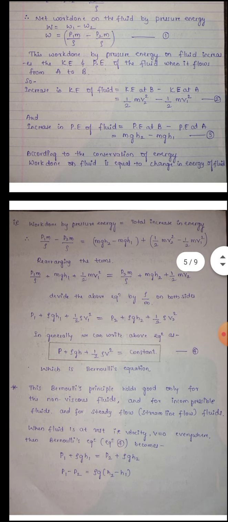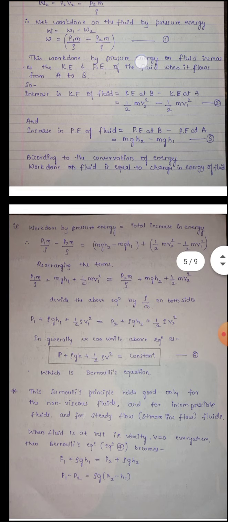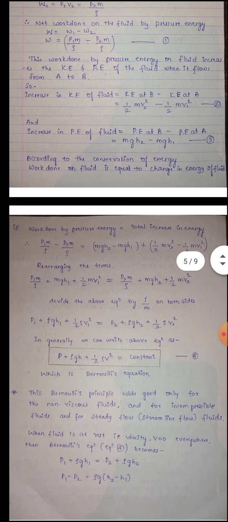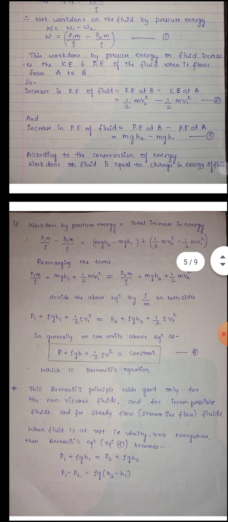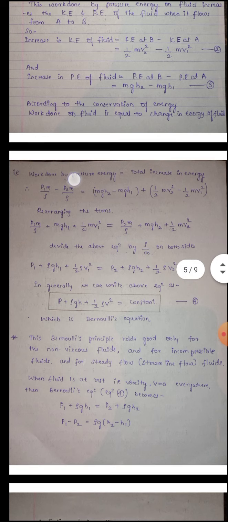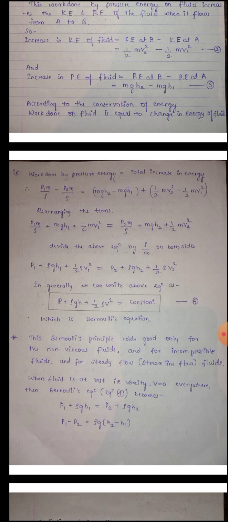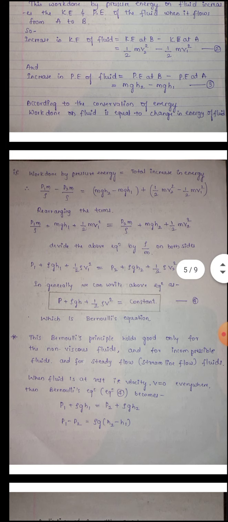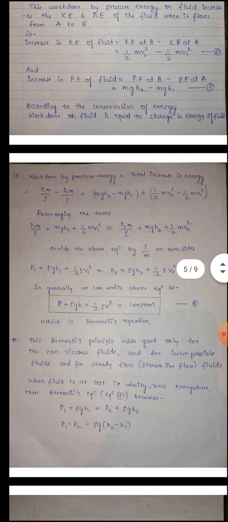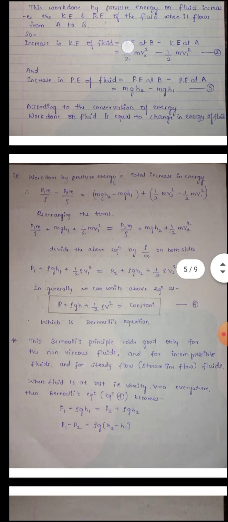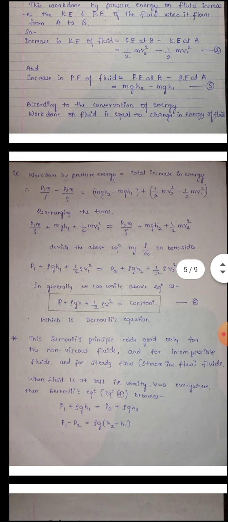We can say that the work done, or the pressure energy we have given, will be equal to the change in the energy of the fluid. So we can write it as: the work done by pressure energy is equal to the total increase in energy, and the total increase in energy is due to both the kinetic energy and the potential energy.